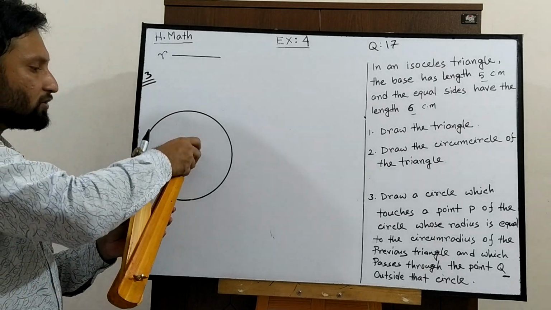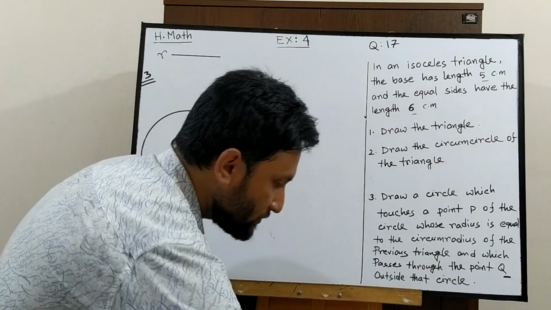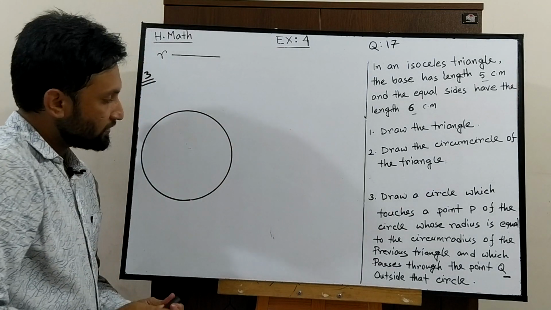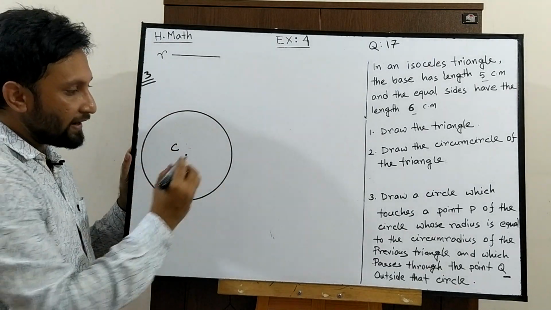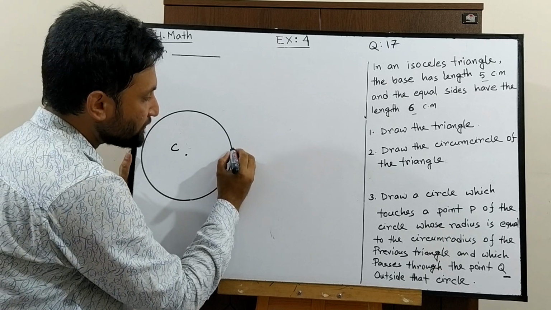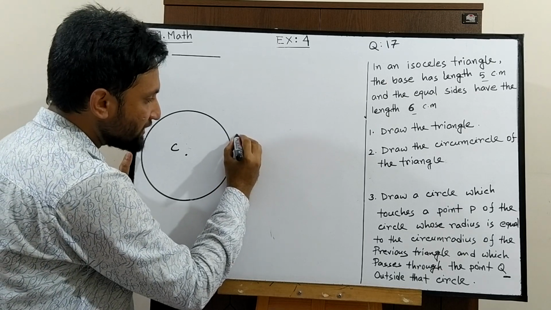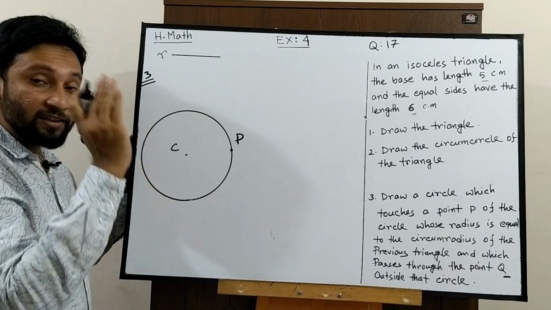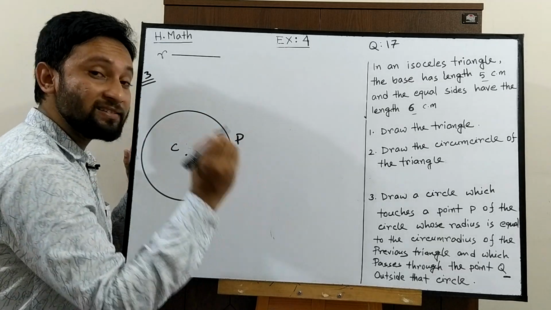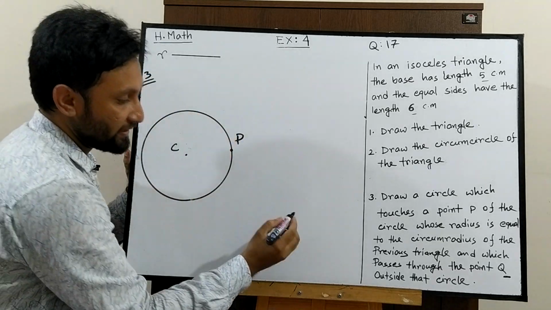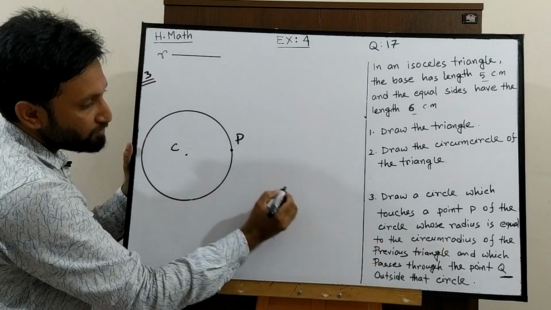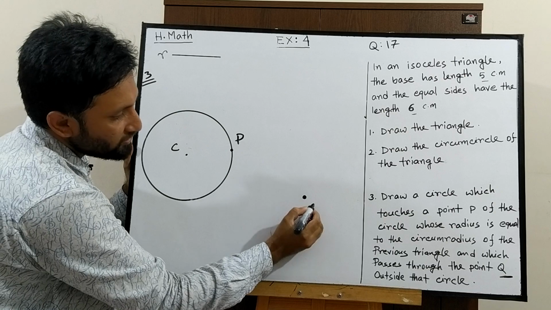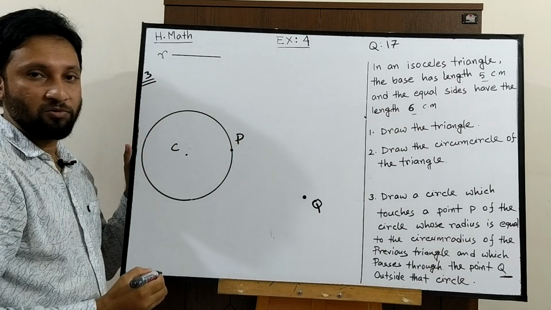Okay, now mention that this is the center C, and set any point on the circumference of this circle as P, and set another point that is outside of this circle. According to the question, the outside point is Q. So imagine this is the outside point and mention this is Q.